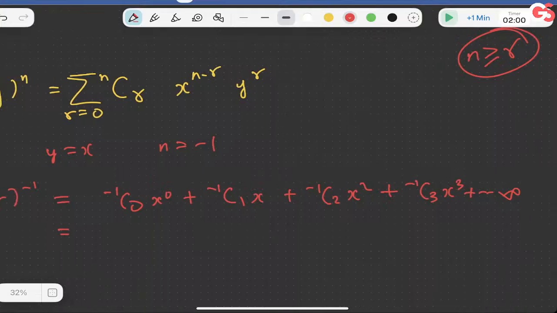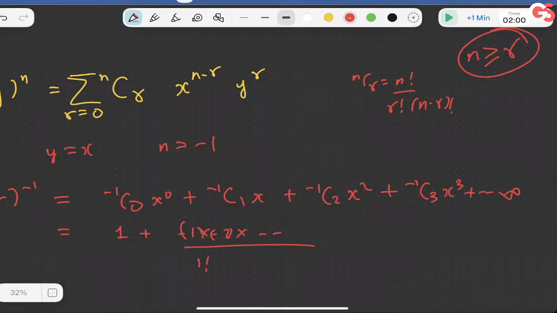Minus 1 C0 will be 1. Minus 1 C1: so what is nCr, by the way? It is factorial n upon factorial r into factorial n minus r. We know that, right? So this will be minus 1 into minus 2 and so on upon factorial 1 into factorial of minus 2. This gets cancelled out, we're left with minus 1 only. So I'll get minus x.